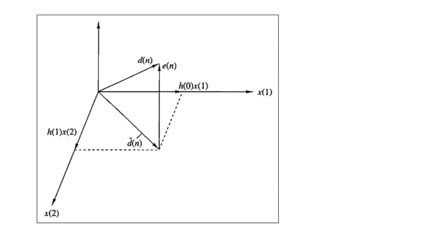In the horizontal plane we have x of 1 and x of 2, whereas when the projection of d of n from the end point is dropped onto the horizontal plane formed by the two axes x of 1 and x of 2, there it is the estimate shown, d cap of n. The difference between the two endpoints of d of n and d cap of n, both in vector form, is nothing but the error, e of n.